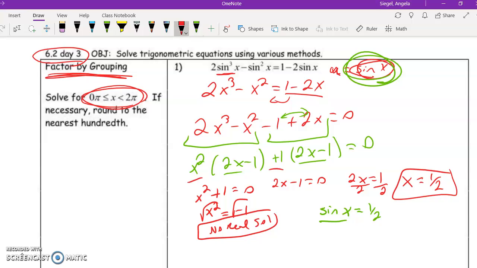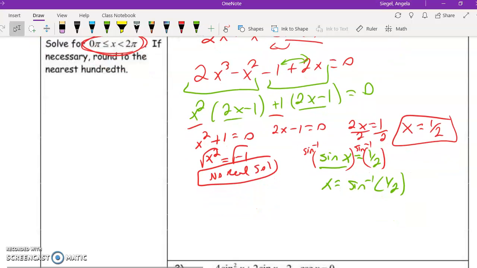Okay, so I'm going to multiply both sides by the sine inverse, and I get x equals sine inverse of 1/2. You should be thinking that 1/2 is on the unit circle.